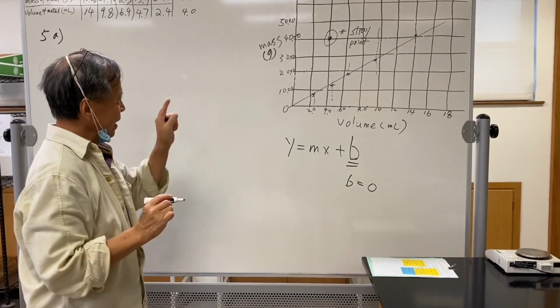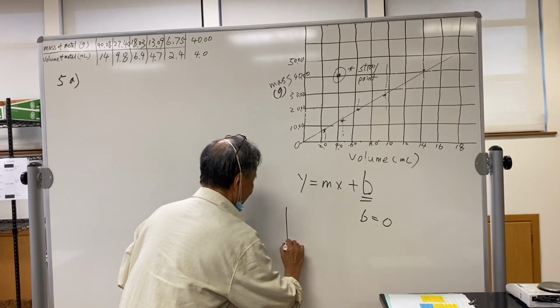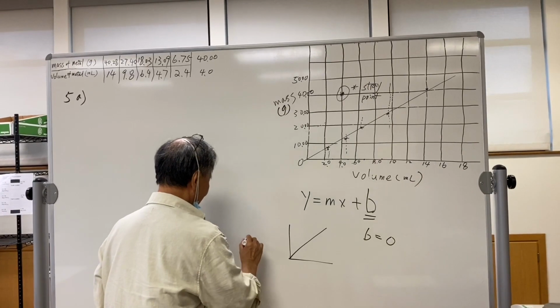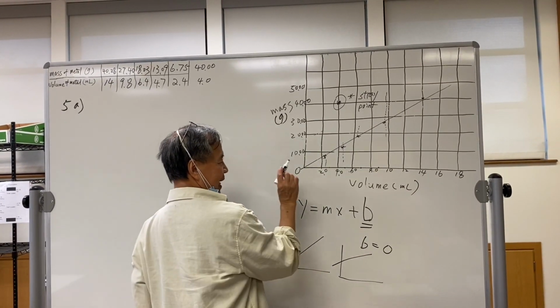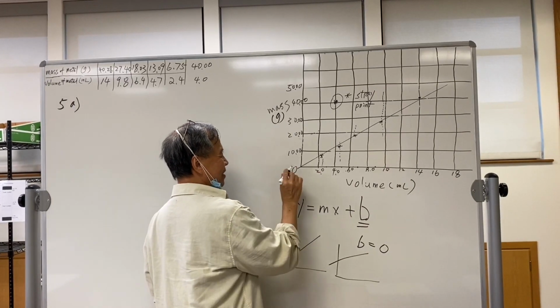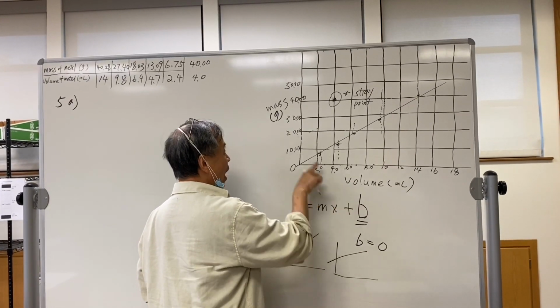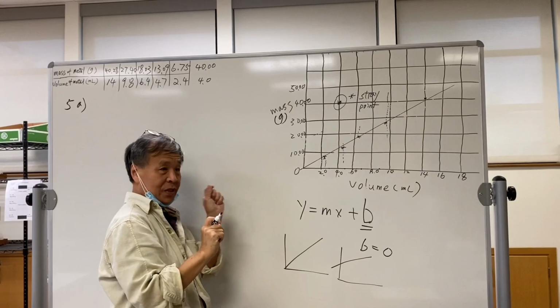What does b equals 0 mean? That means when x is 0, your y is also 0.